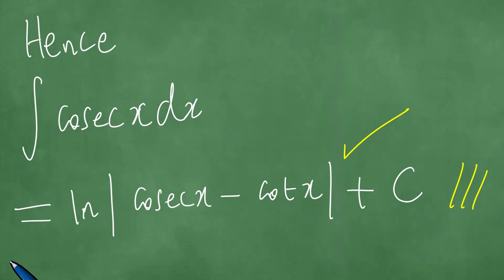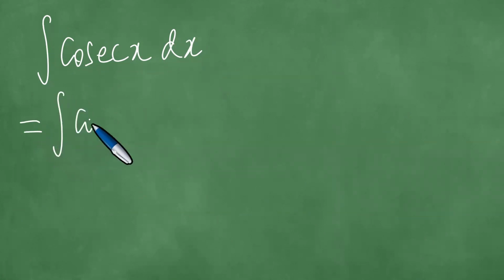Okay, now there's another method that we're going to use to solve this particular problem. Let's use another method. In other words, if you have the integral of cosecant of x with respect to x, we can multiply. Right, you can multiply by what?